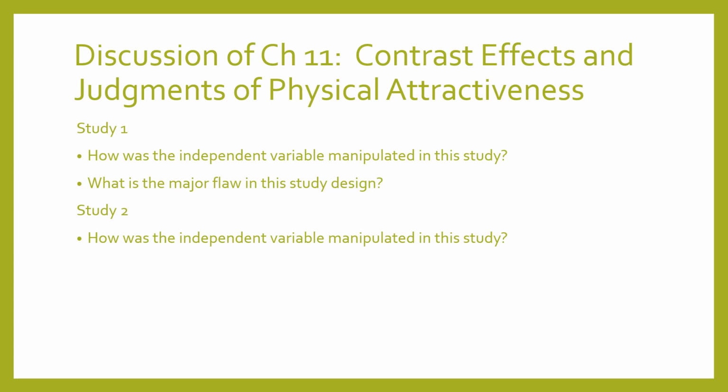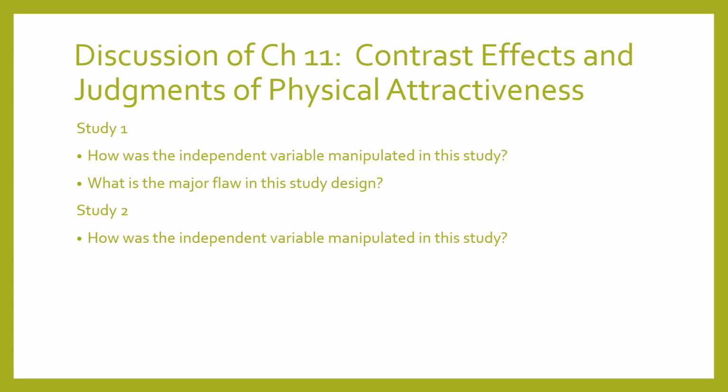So the men who participated happened to be in the common room of the dormitory where they're showing the video with the attractive woman or the attractive women in it, or they happened to be in the common room of the dormitory that was showing the neutral video. So it was kind of like self-selection, and there was no random assignment. So participants did not have an equal chance of getting one condition or the other.